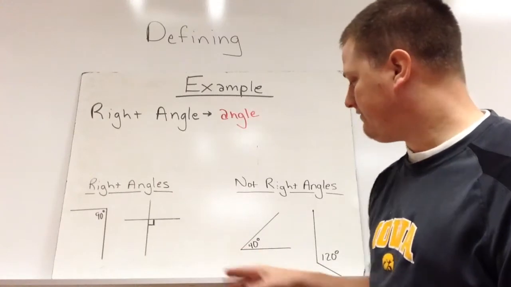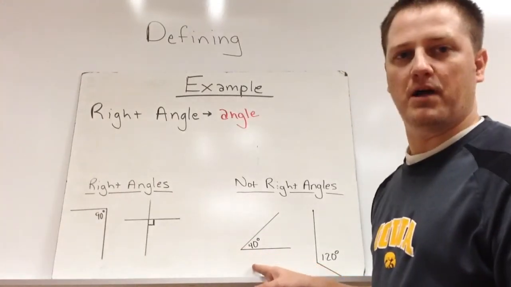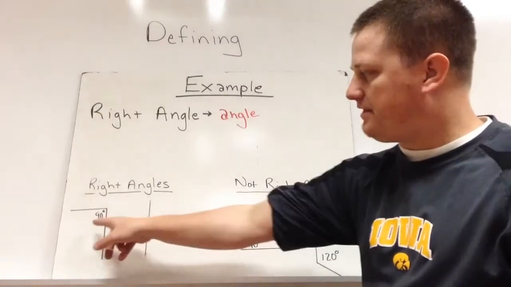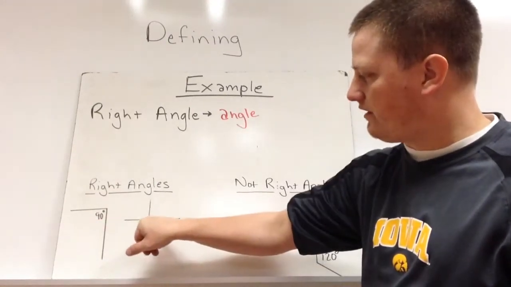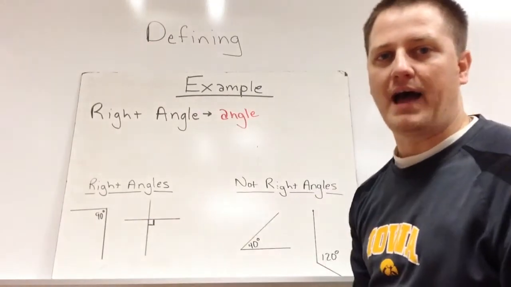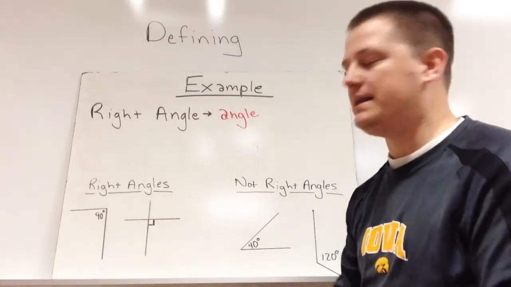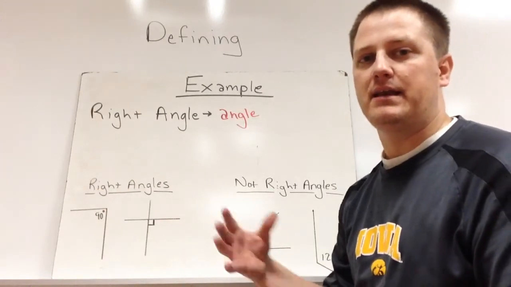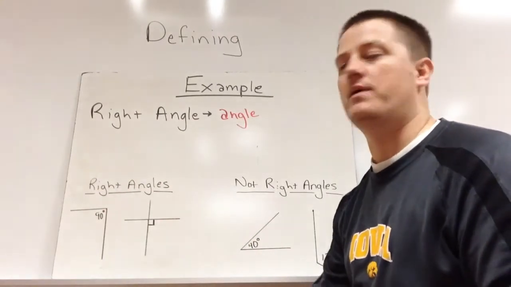Second, we want to differentiate it from other angles. Specifically, if you notice, here we've got something smaller than 90 degrees. Here we have something bigger than 90 degrees. Here, both of these angles are 90 degrees, as this little square inside is another way of showing 90 degrees. So in reality, what we're showing here is that 90 degrees is what makes something a right angle.